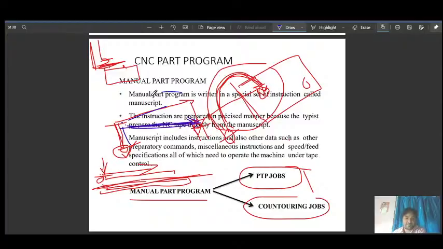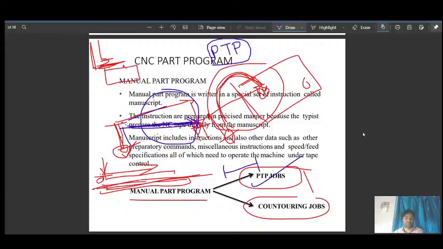So it all depends on programming, in which way the tool will move. It depends on your programming. And in general, in point to point programming (PTP), the tool tries to move in the shortest distance and shortest time.